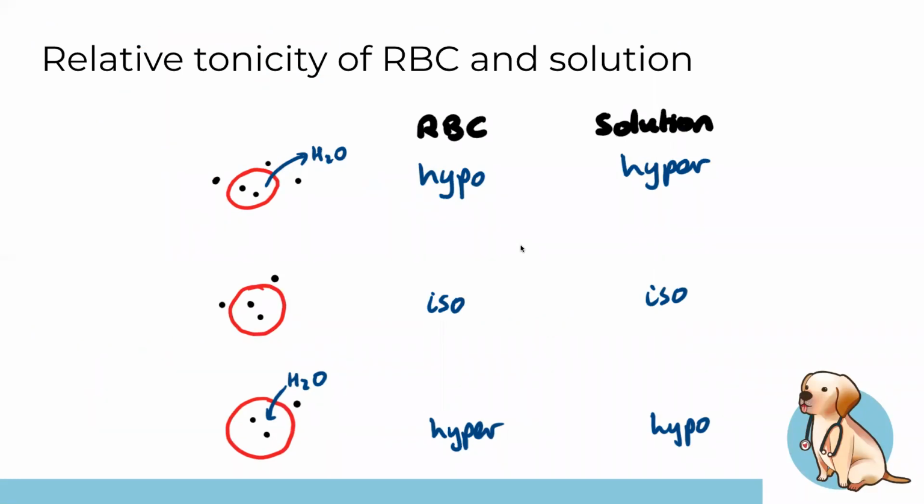So that means the water will move out of the cell to go to the area of higher concentration. In the second diagram, there's 2 particles inside and 2 outside, so they're isotonic, so nothing happens. In the last diagram, there's 2 particles inside and 1 outside, so the red blood cell is hypertonic and the solution is hypotonic. So that means the water will move inside to the area of higher concentration.